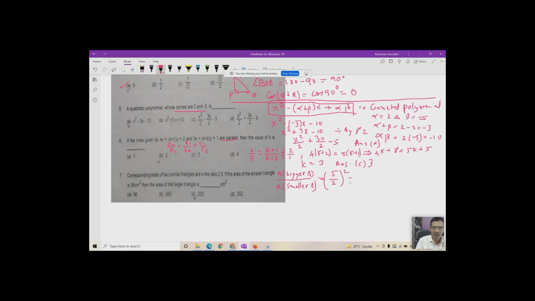This will work out as 25 divided by 4. Now the area of the bigger triangle, which we are required to find, is equal to 25 divided by 4 into the area of the smaller triangle.